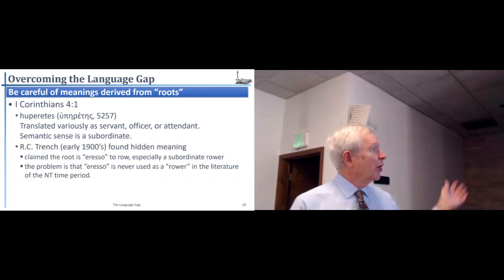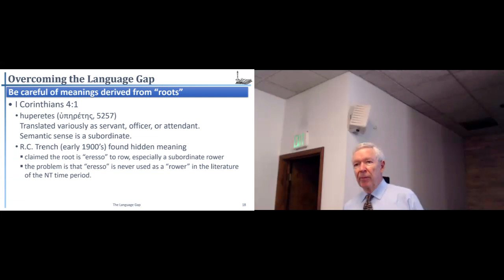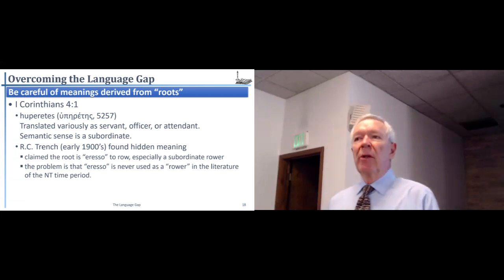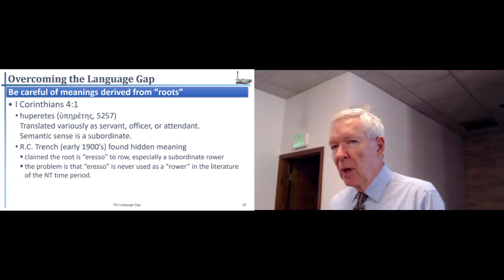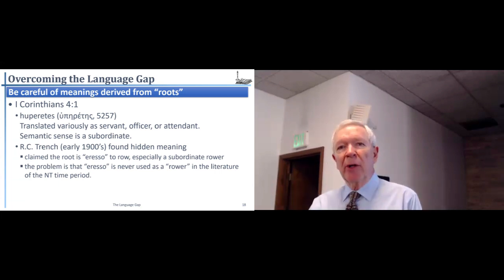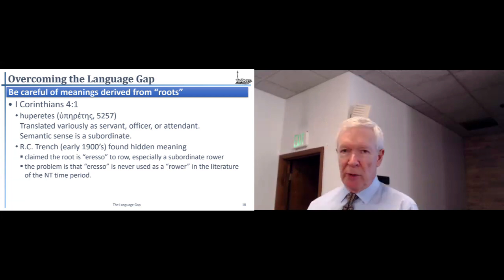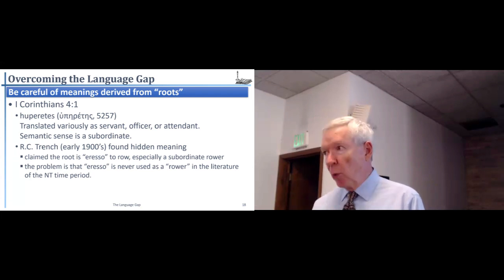But early 1900s, this guy named R.C. Trench did a root word study of this. And he came up and said, oh, if you go to the root word of this Greek word, then the root word there came from a word that meant rower. And since we're talking about a hierarchy, this would have been a subordinate rower. And then he wrote a series of sermons based on the lessons we can learn from subordinate rowers.